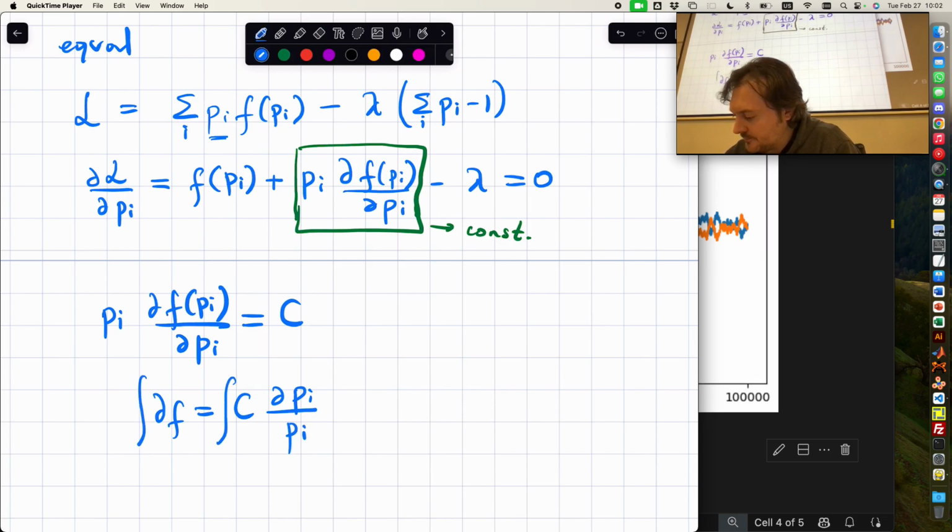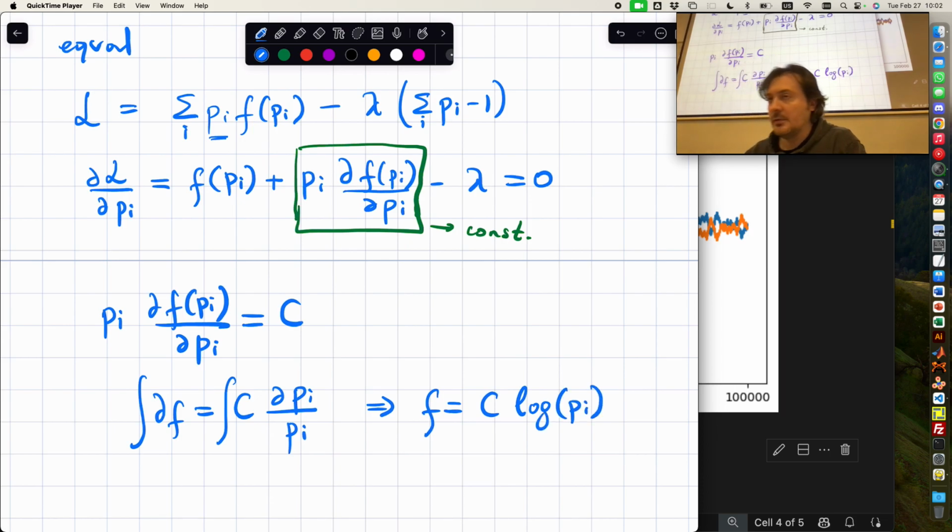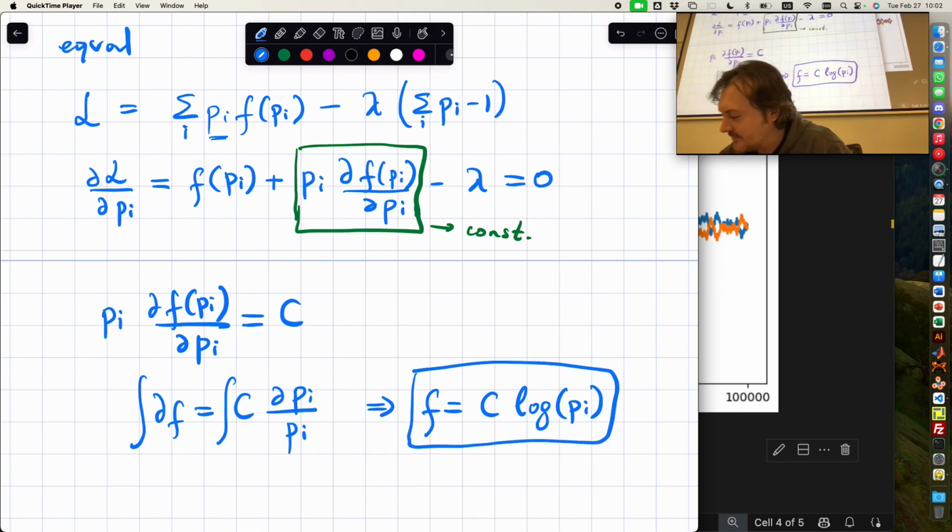Take the integral. f is c times log of pi, or ln of pi. Are you happy? Some of you are really happy for some reason. Very good. So our function that would maximize ignorance, that gets maximized when probabilities are equal, is just log of p times a constant.